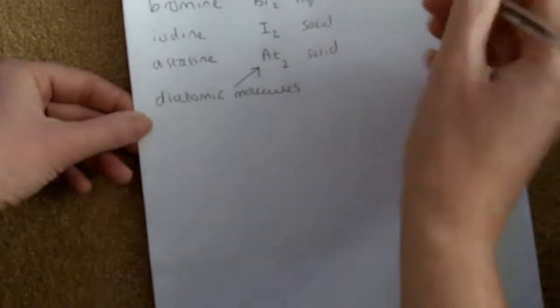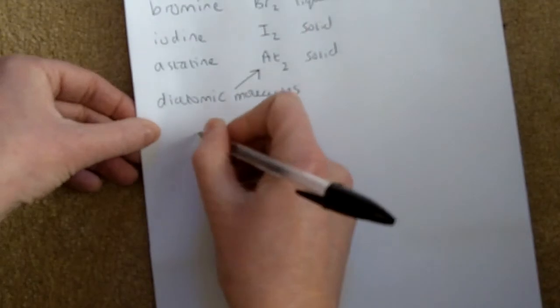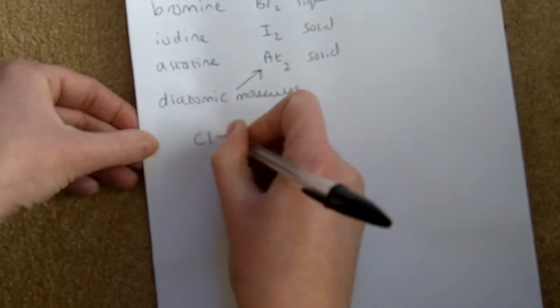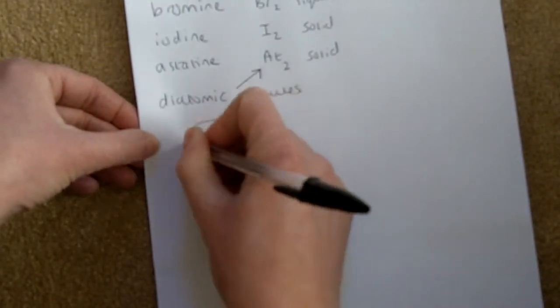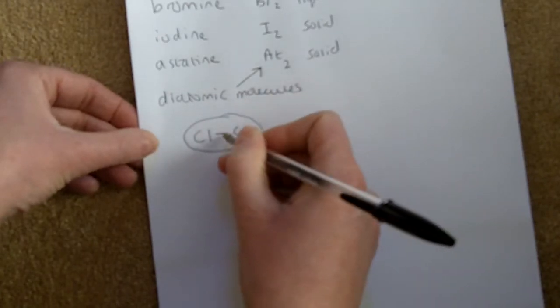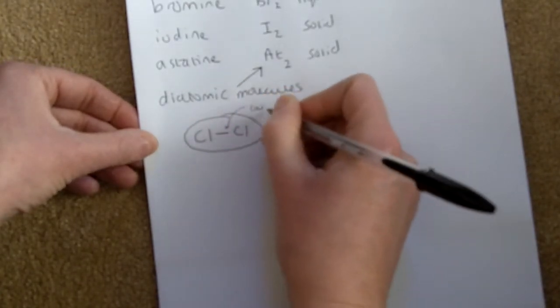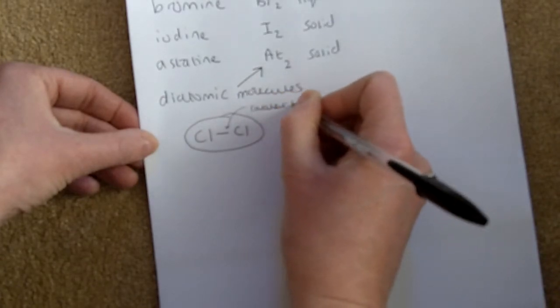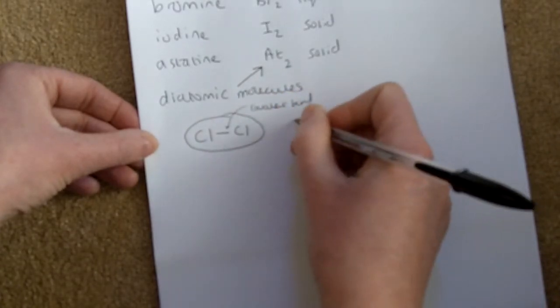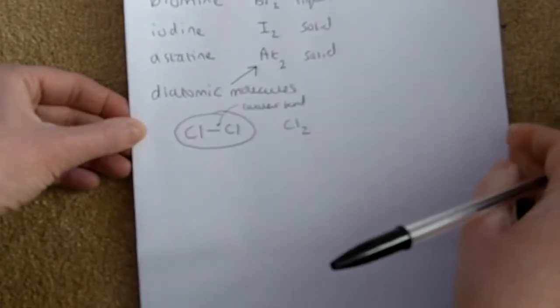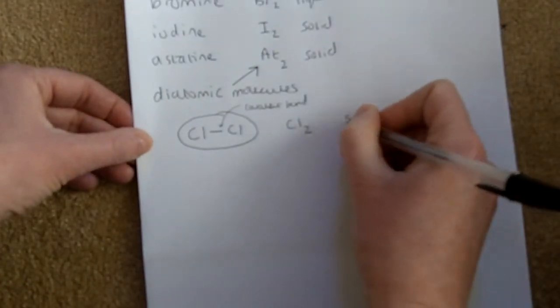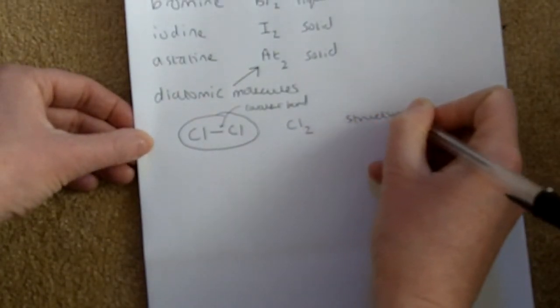Okay, so if we take, just for example, chlorine. A chlorine molecule is Cl2, it's got a covalent bond between the 2 chlorine atoms, and that's a chlorine molecule. But what's the structure of chlorine?